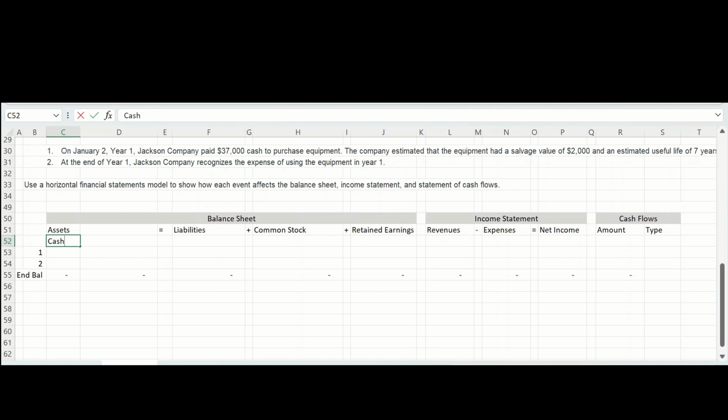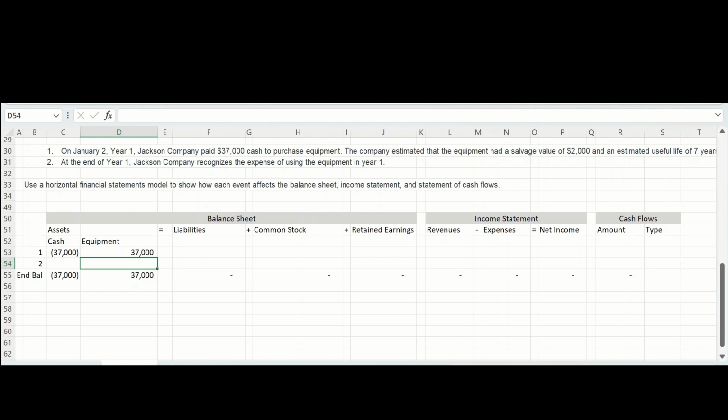Cash is an asset account, and we have $37,000 of cash going out. The cash was paid out to purchase equipment, which is also an asset account. And because we're purchasing equipment, the $37,000 is a positive. So we have a negative 37 and a positive 37 both on the asset side of the accounting equation. So we're net zero on both sides.